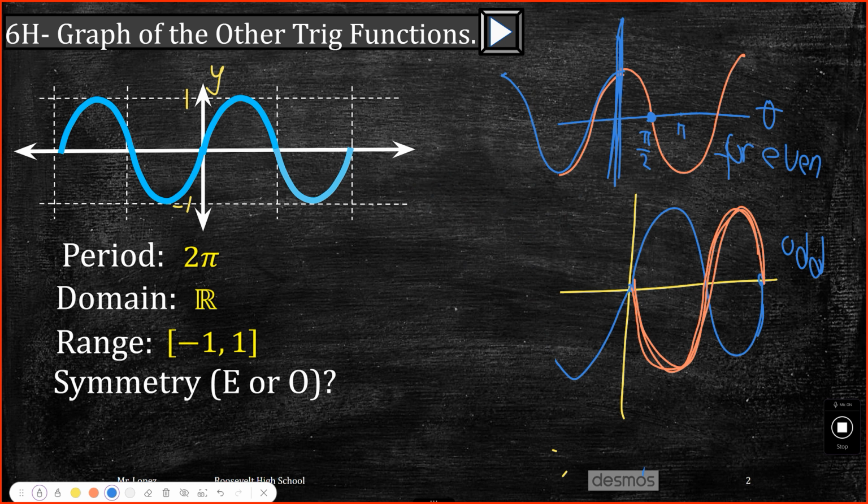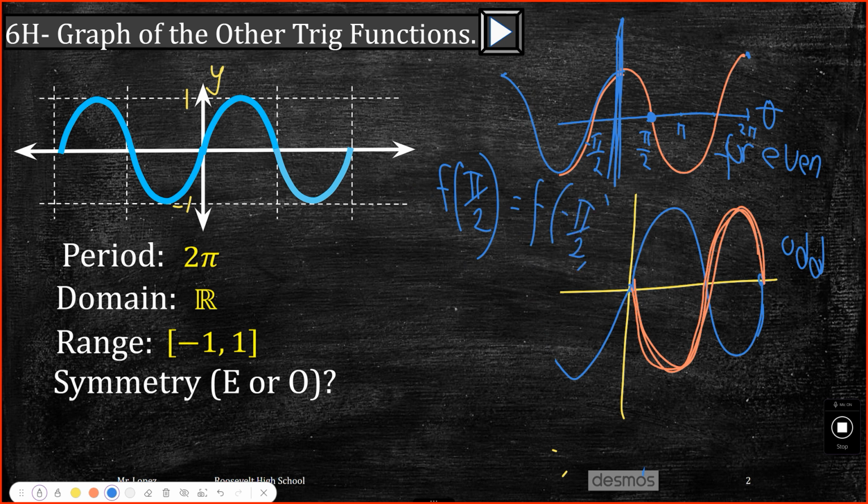Isn't this 3 pi by 2? Isn't this 2 pi? Yes or no? So f of pi by 2 is equal to, what if we go here, this will be negative pi by 2, yes or no? f of pi by 2 is equal to f of negative pi by 2.